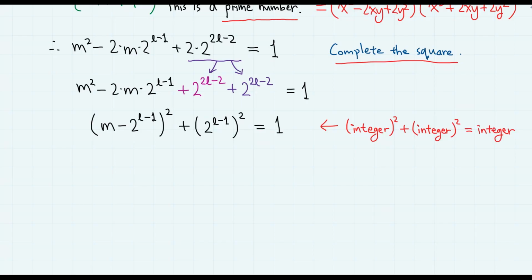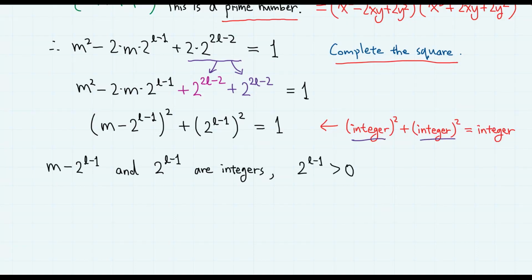This is in the form integer squared plus integer squared equals integer, which can greatly reduce the number of possible values for these integers. Here, m minus 2 to the power of l minus 1 and 2 to the power of l minus 1 are both integers, and 2 to the power of l minus 1 is positive.